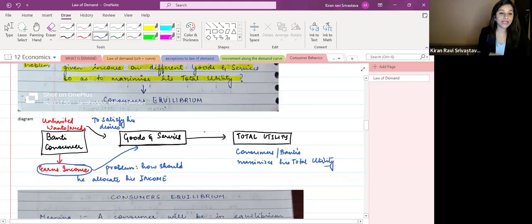Why does he want to do this? You might say, okay, I'm just buying goods and services, but I'm not looking for total utility. No, that is not the case. It will not happen unless you are the world's richest person. There's a joke that if 500 rupees falls down, Ambani would not even pick up that 500 rupees note, because every 2 seconds he's earning crores of rupees.